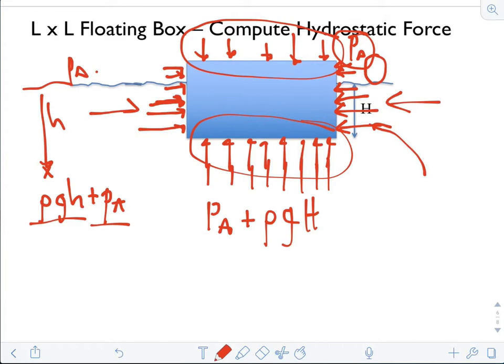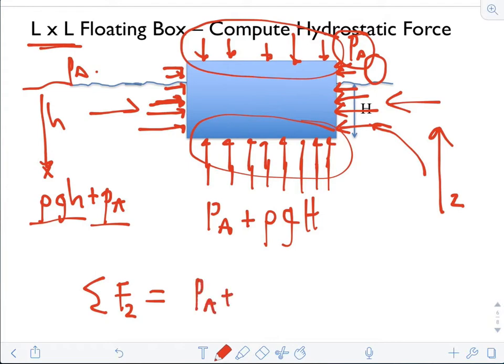The net force due to pressure is up, so this is the z coordinate. I'm doing a sum of the forces in the z direction. The sum of the forces in the z direction is going to equal the pressure on the bottom of the box. This is an L by L floating box, so we're going to have equals Pa plus rho g H times L squared, the surface area of the box, minus, pushing down, Pa times L squared.